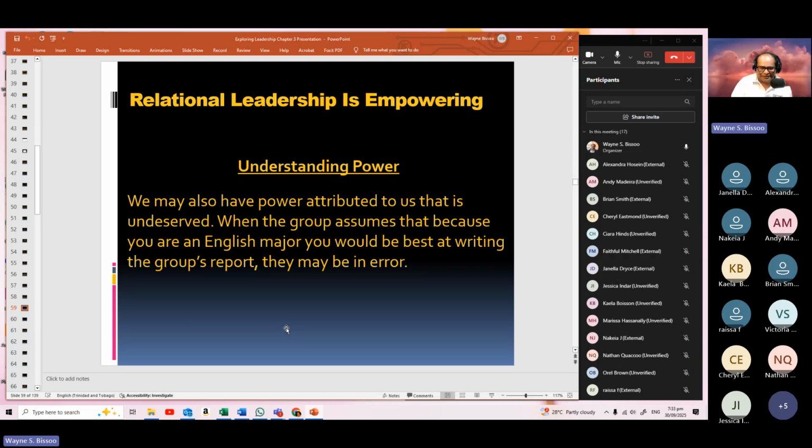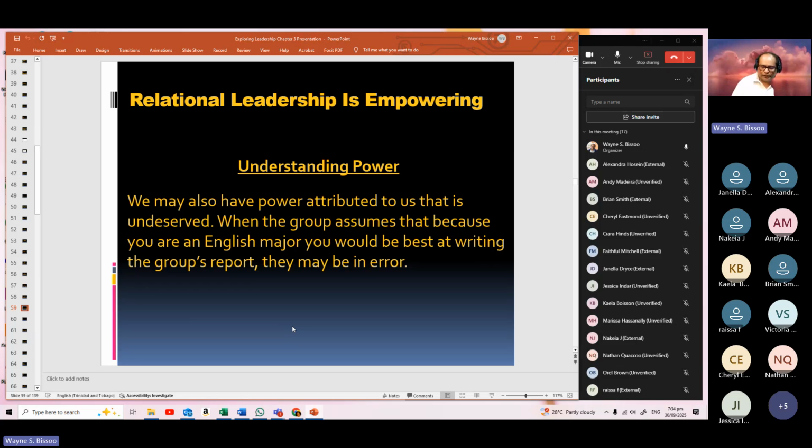But another thing that we also do is sometimes we ascribe power to somebody simply because of the little we know about them. So in this example here, they're saying that when in a group you assume that somebody in your group is a communications major, they will be better at writing. That's a huge assumption.